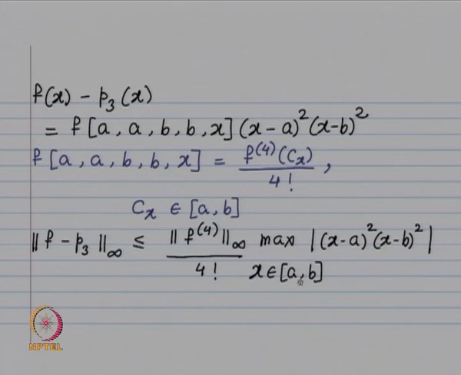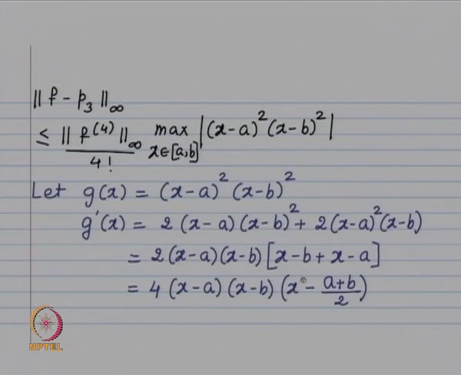Now, when we want to calculate the maximum of this function, we want to calculate the absolute maximum. The absolute maximum is obtained by considering the two end points and the critical points. The critical points are the points where the derivative vanishes or does not exist. So, let me call (x minus a) square (x minus b) square the function g(x).